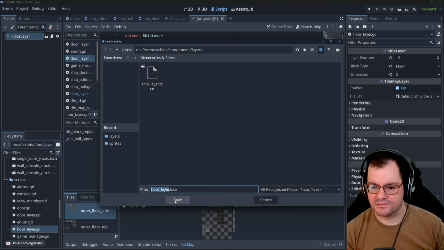So you're a wall by default, and you're a floor by default. All right, now we need to rebuild this deck scene a little bit.